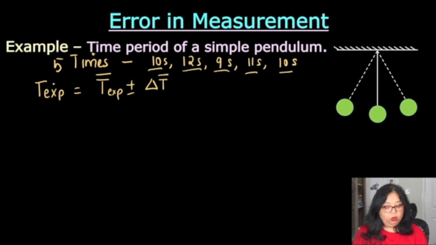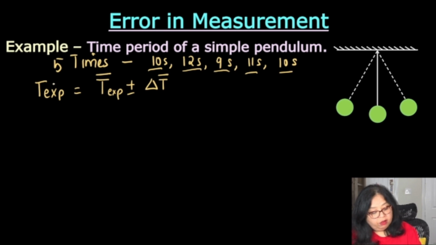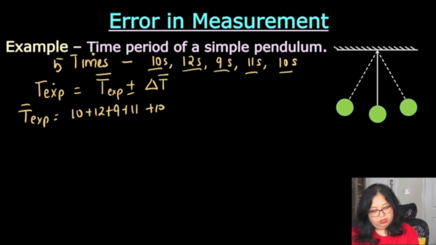To write down the answer in the proper form, you first have to find the average of these time periods. That would be T bar experimental, 10 plus 12 plus 9 plus 11 plus 10 divided by 5. What do you get?